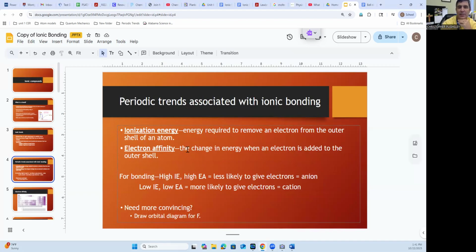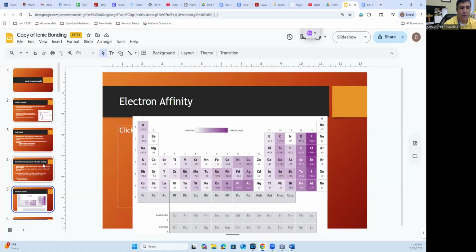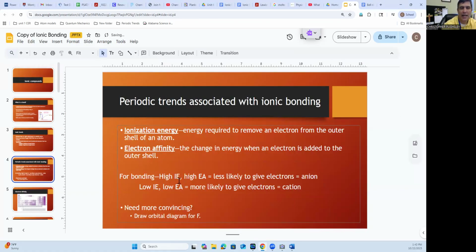Electron affinity is the one that we really want to focus on here today: the change in energy when an electron is added to the outer shell. For bonding, high ionization energy and high electron affinity means it's less likely to give electrons; it's going to make an anion. Low ionization energy and low electron affinity is more likely to give electrons and make a cation.